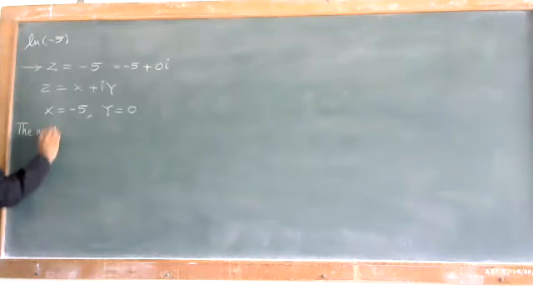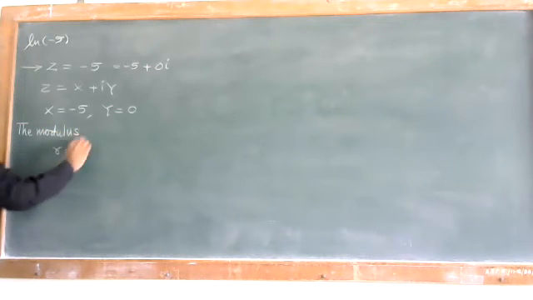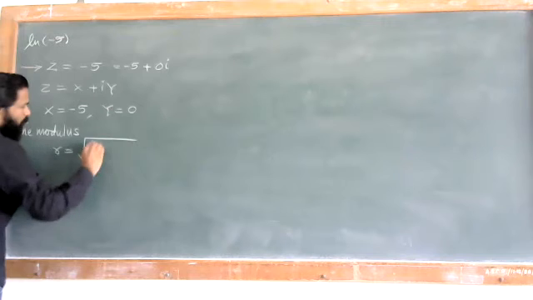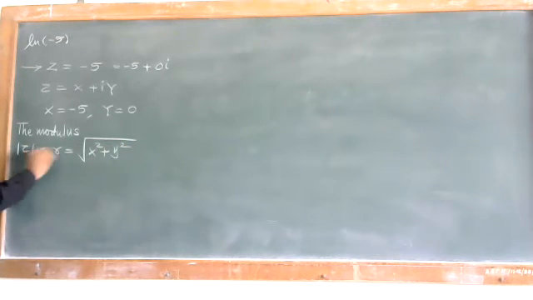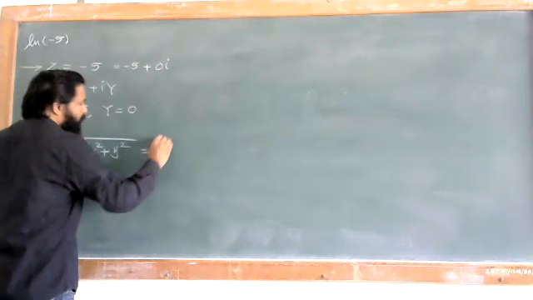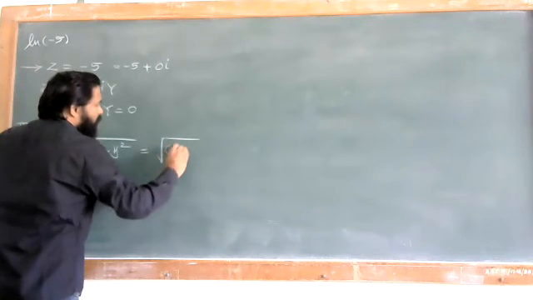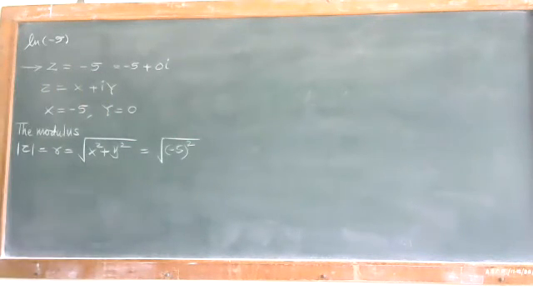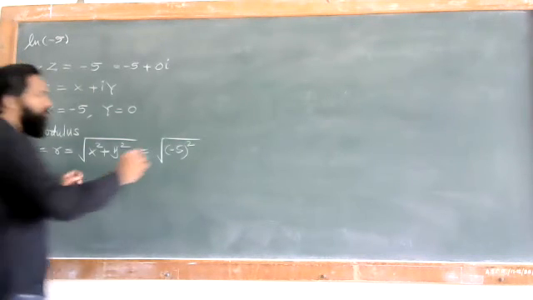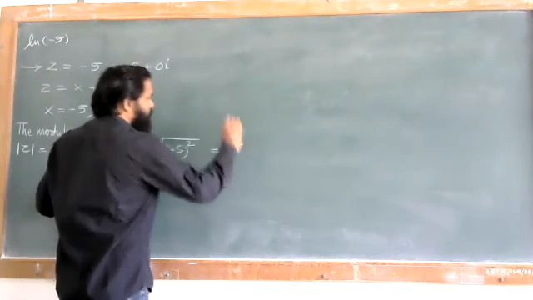So the modulus r is equal to square root of x square plus y square. This is the modulus of z, which is the square root of 25, and that comes out to be 5.